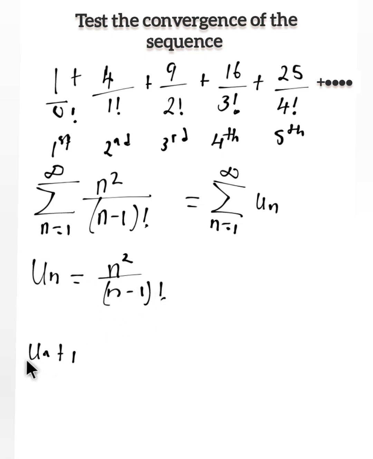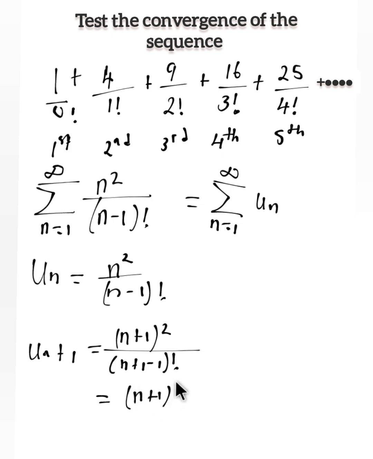For un plus 1, we substitute n plus 1 in place of n. So n plus 1 all squared, and this n over here becomes n plus 1, then minus 1 factorial. If we simplify this, it gives us n plus 1 all squared all over n factorial, because 1 minus 1 is 0. So un is this, and un plus 1 gives us this.